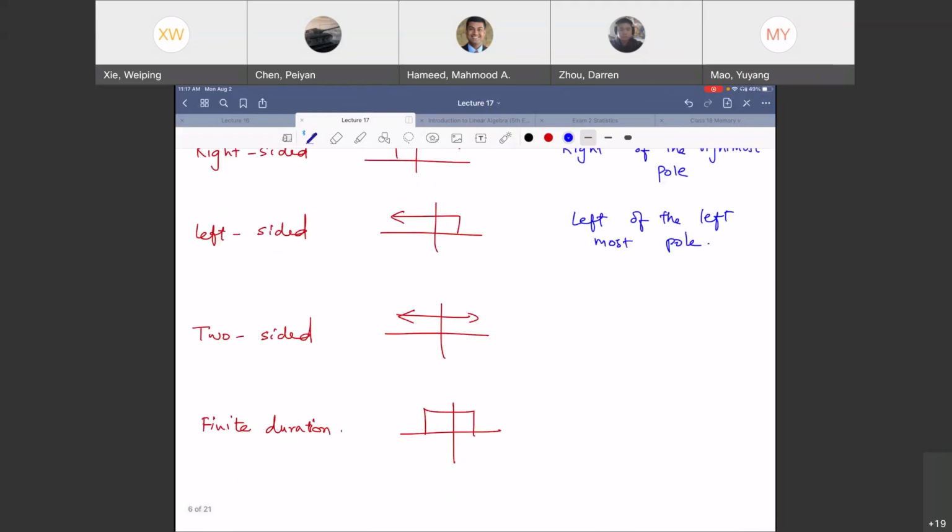What is this guy going to be? Two-sided? Vertical strip, right? Vertical strip. And for finite duration? All of the S plane.